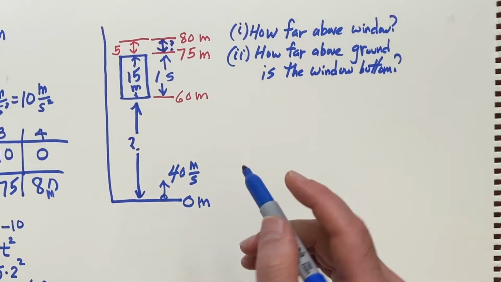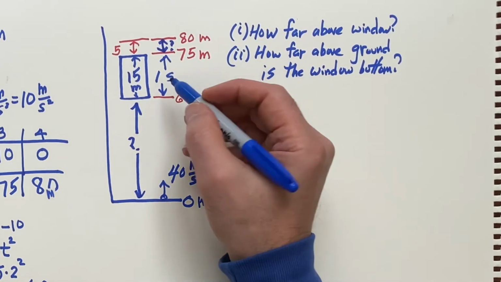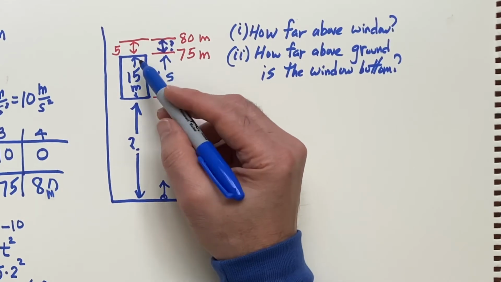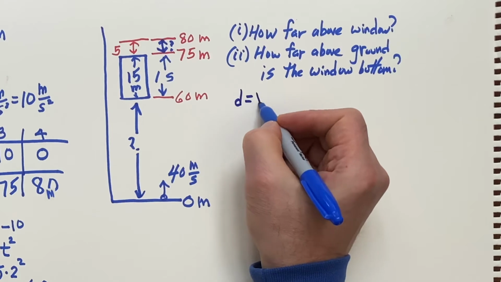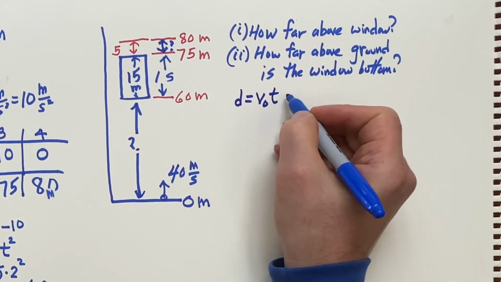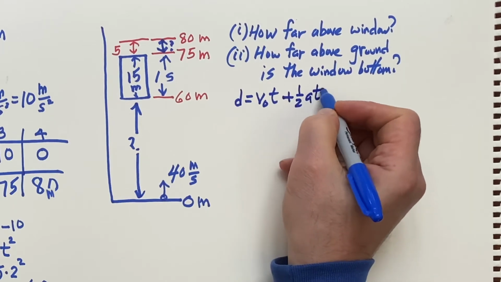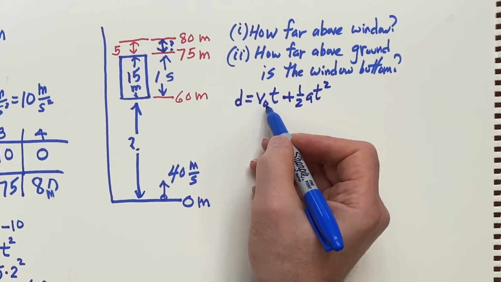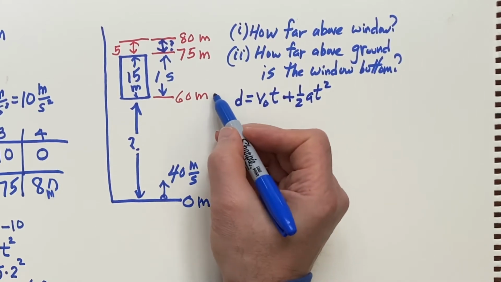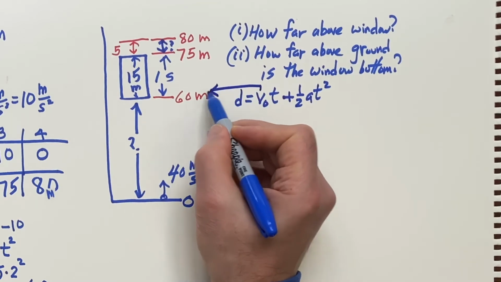So here's what we're going to do. Don't worry. What do we know? Well, we know time and we know distance. So we could use this formula, where now the velocity sub-zero for this problem is going to be the velocity at the bottom of the window.